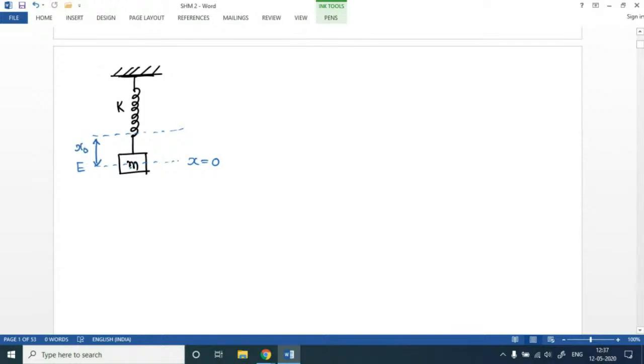When you draw the free body diagram at this instant of equilibrium, mg force would be acting vertically downward, and kx naught would be the spring force exerted by the spring on this block. Since it is in equilibrium, kx naught minus mg is equal to 0, or you can simply say x naught is equal to mg by k. So this is the stretching in the spring when the block is in equilibrium.